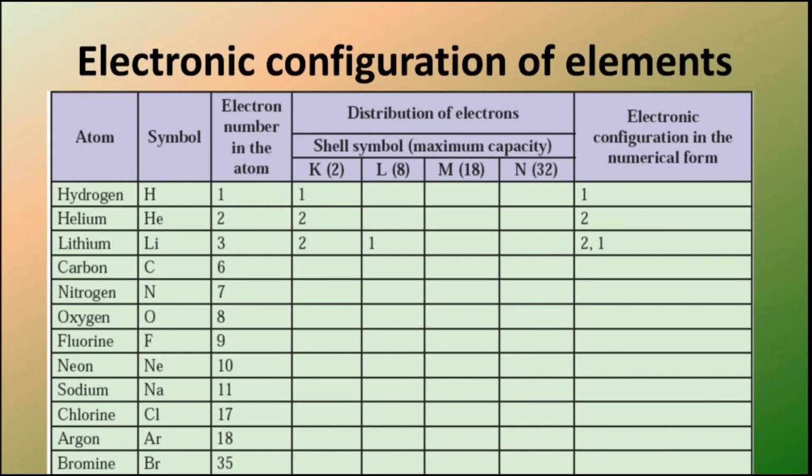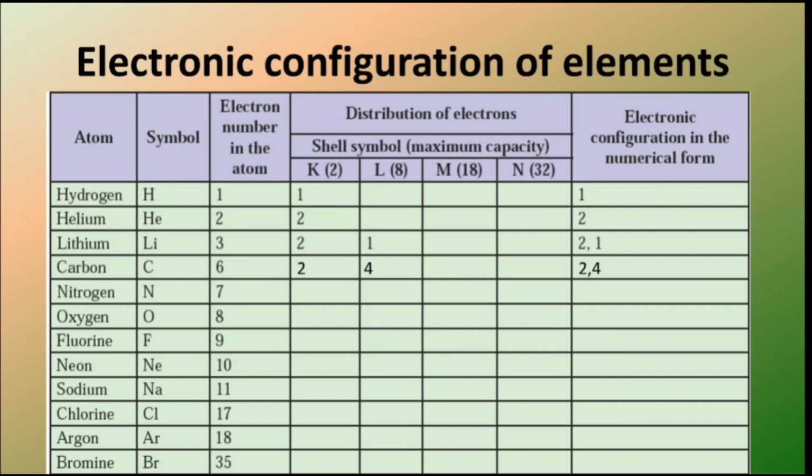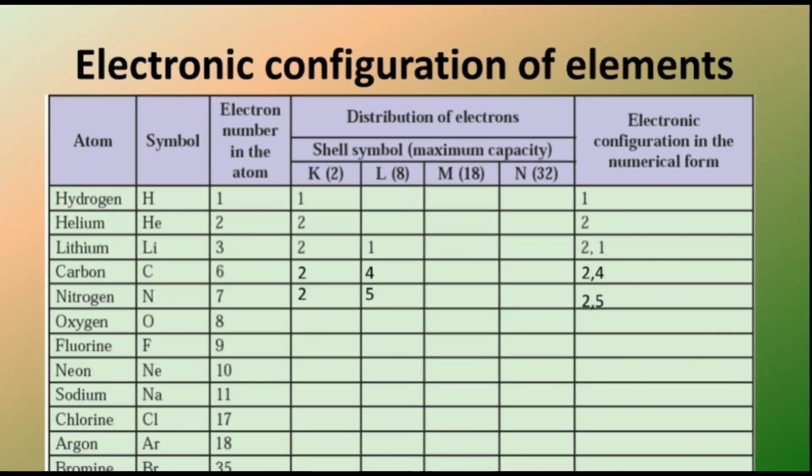Now we just saw that the carbon possesses 6 electrons in it as its atomic number is 6. So electrons will get distributed as 2 electrons in K shell, 4 electrons in L shell. K shell 2 electrons and remaining 4 into L shell. So electronic configuration will be 2, 4. Then the nitrogen, its atomic number is 7.